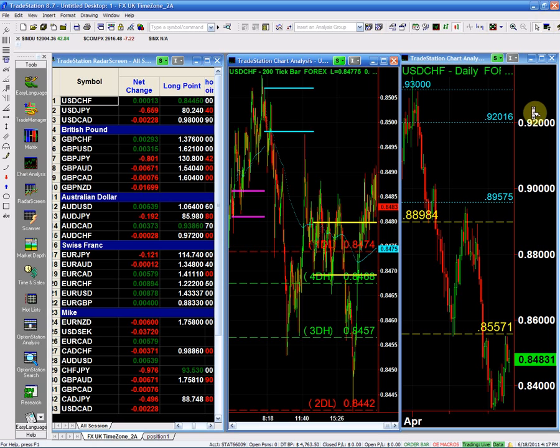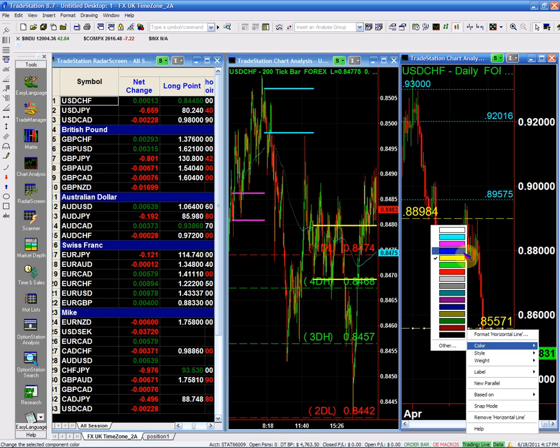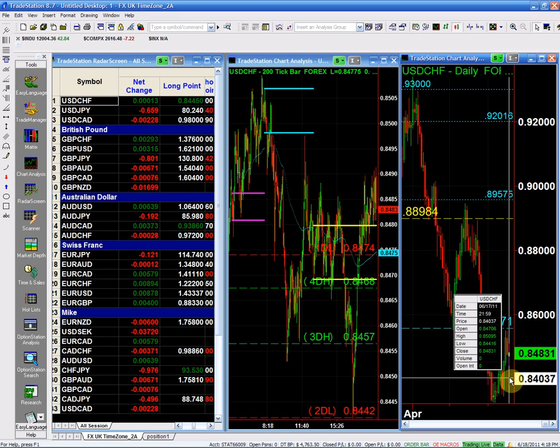This is the 85.87, my structure point. 85.09, so it's about 20 pips away.